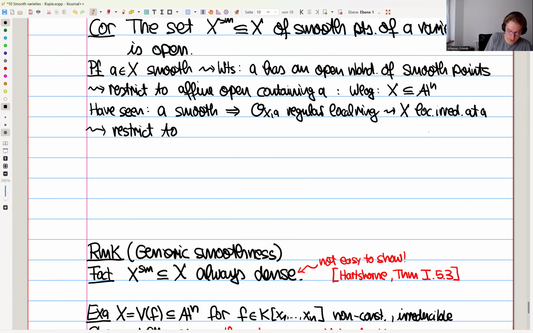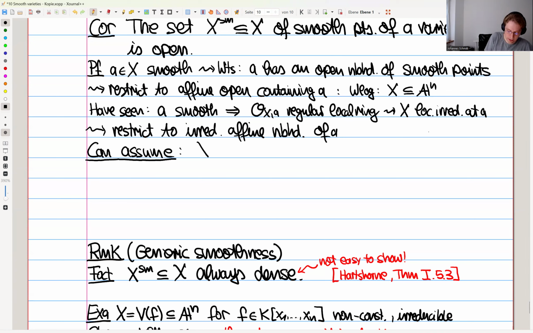So we restrict first of all to an irreducible affine neighborhood of A, and then the final setting in which we actually tackle this proof now is that X inside A^n is an irreducible subvariety, and A is a smooth point in there.